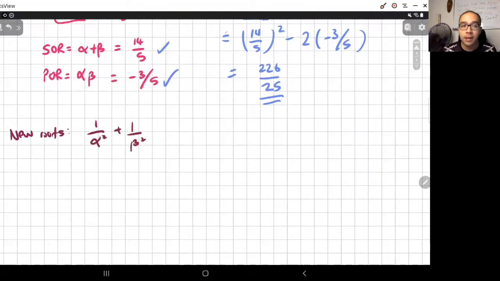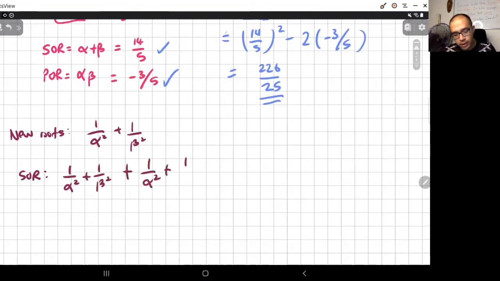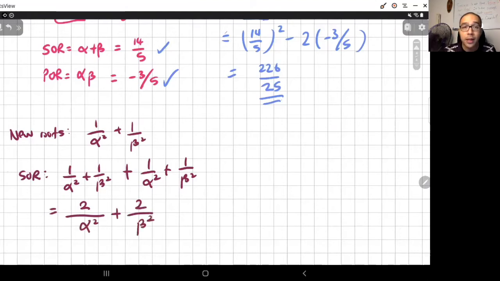New root as in dia 2 kali lah kan. So the sum of the roots will be 1 over alpha squared plus 1 over beta squared plus 1 over alpha squared plus 1 over beta squared, which will actually just give us, sorry, my mistake, 2 over alpha squared plus 2 over beta squared.